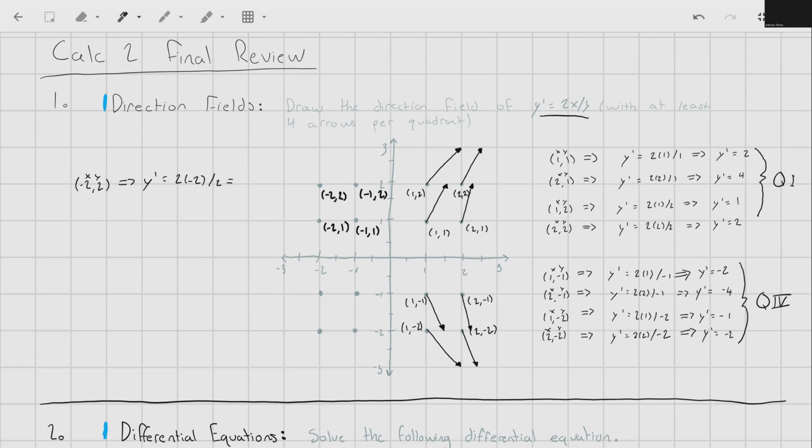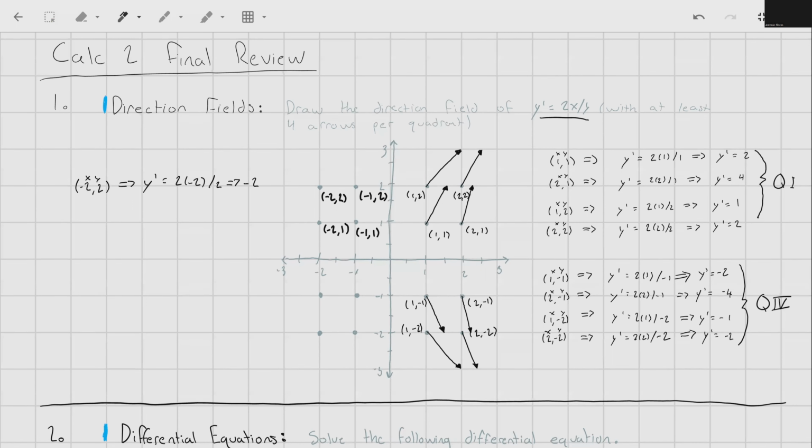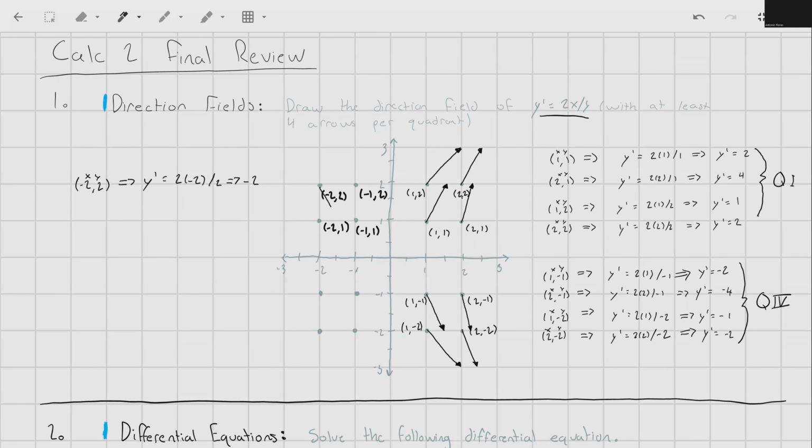And then this will give you the slope. So -2 times 2 divided by 2 is just -2. So this gives us our slope for the point -2, 2. So around, it would look something like this.